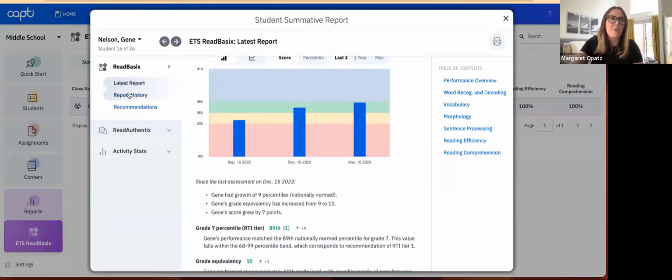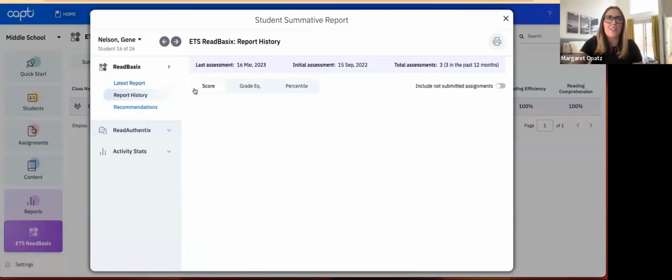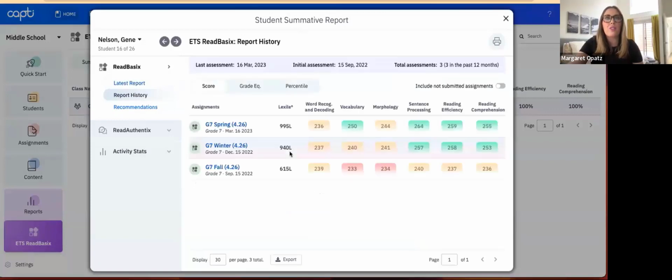So his sentence processing has definitely improved across the year, and he's showing some close to that strong performance level in sentence processing. So it's important to note that when you are struggling with sentence processing, you are often struggling with reading comprehension and other skills that are more advanced.